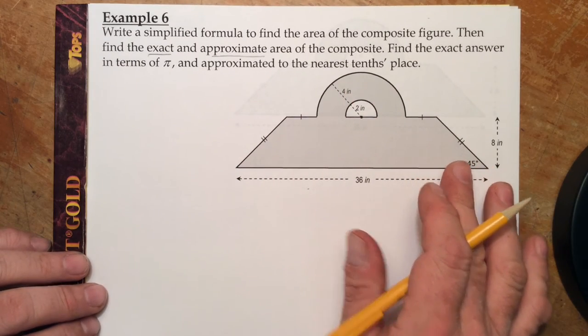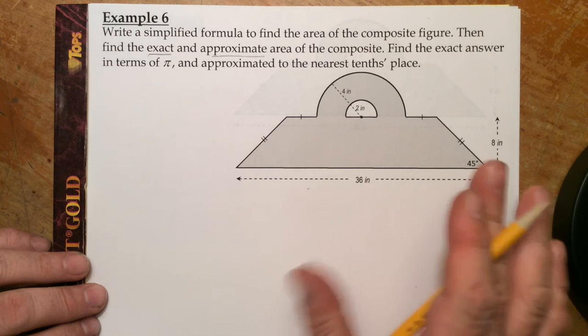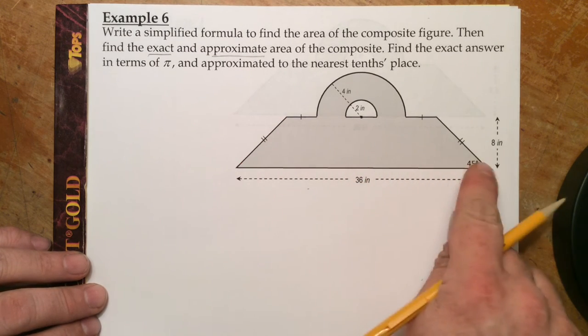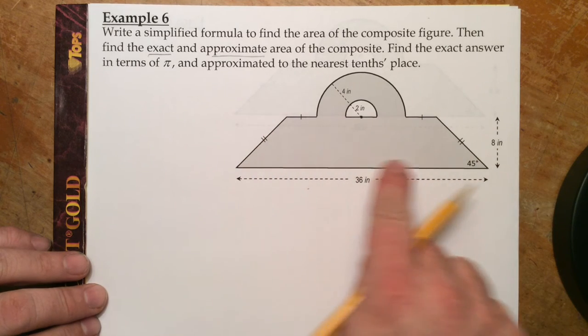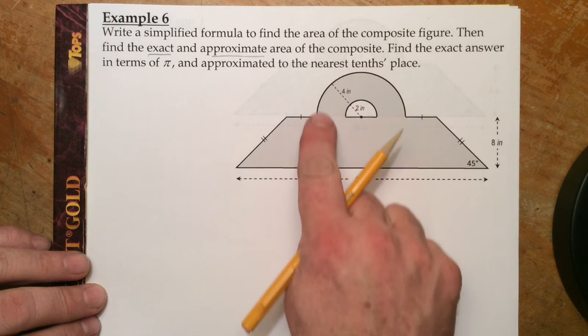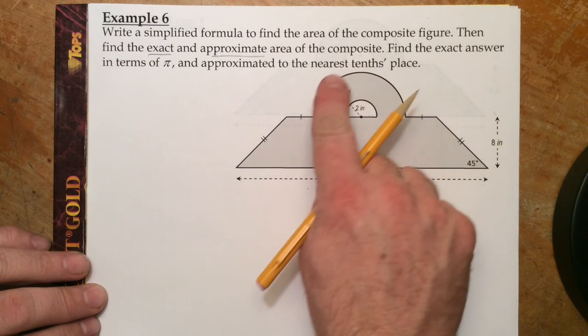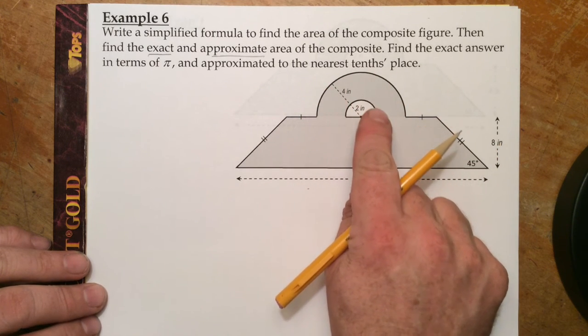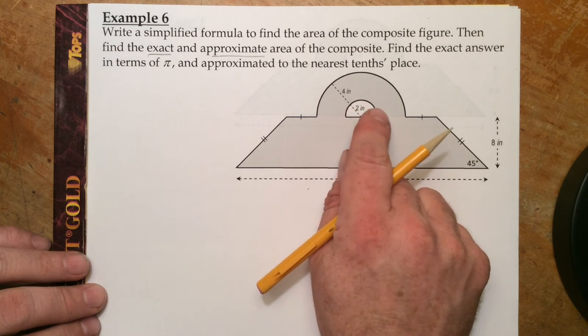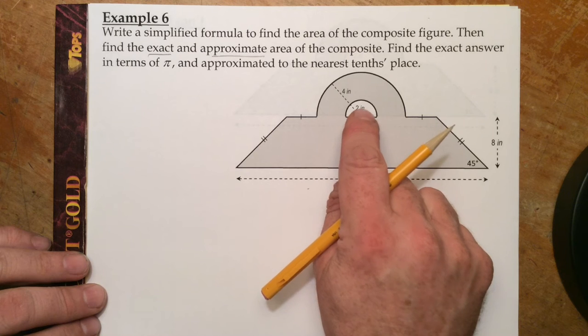We first notice the shapes that are involved here. We've got a big trapezoid here. We also have part of a circle. In fact, it's exactly half a circle, or a semicircle. But we also have a smaller circle that shares the same center that we're going to need to subtract away because it's not part of our figure.